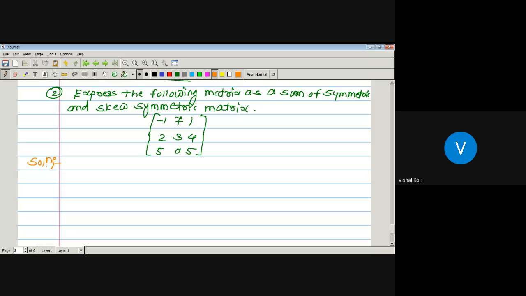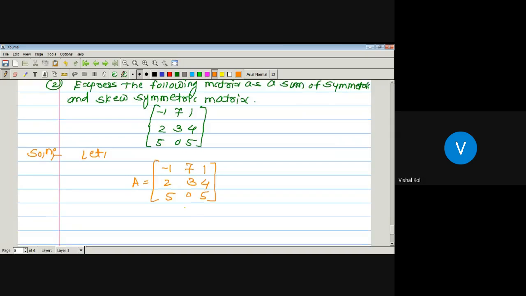Let us consider the given matrix as a matrix A. Let capital A be this matrix: minus 1, 7, 1; 2, 3, 4; 5, 0, 5.